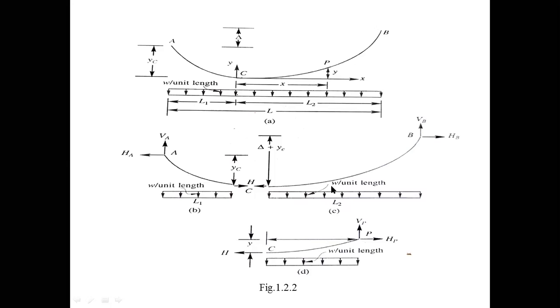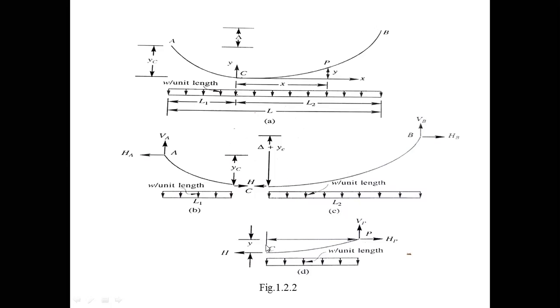Let us consider any point P on the cable. Let us take a free body diagram of CP. See here, I have taken figure C. Let us take any point P on the cable, and I draw the free body diagram of the CP portion shown in figure D. Let us see here.